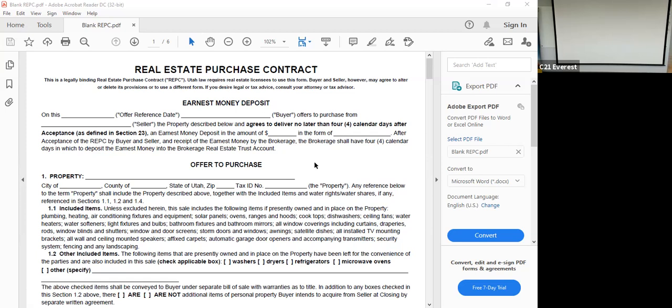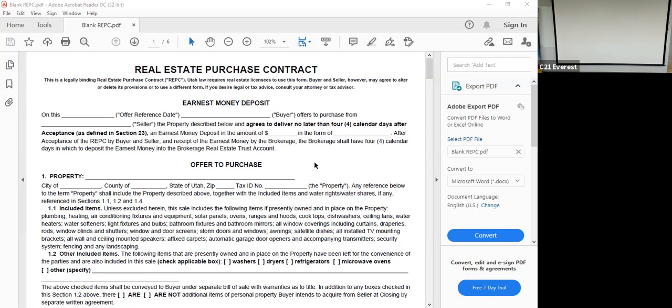Well, the reason this is so important is because this is tied in with the division, and the division is very clear about wanting to protect the public's money. The earnest money is the public's money.